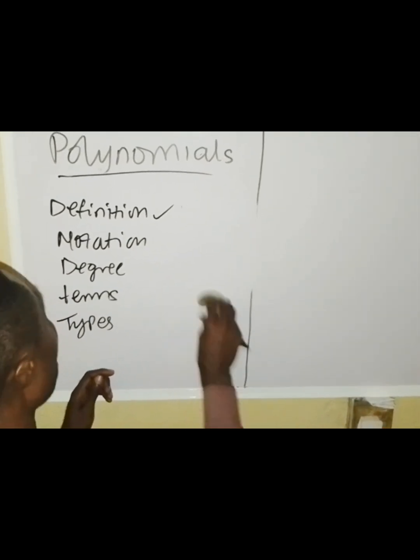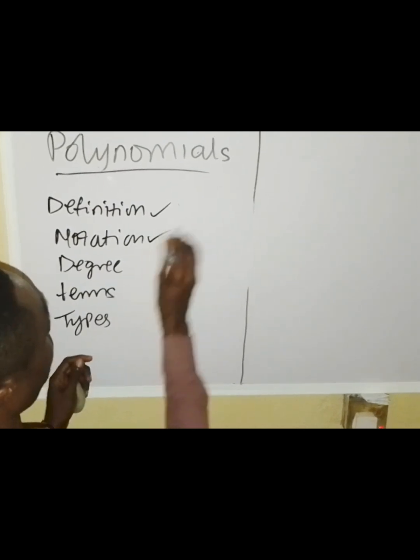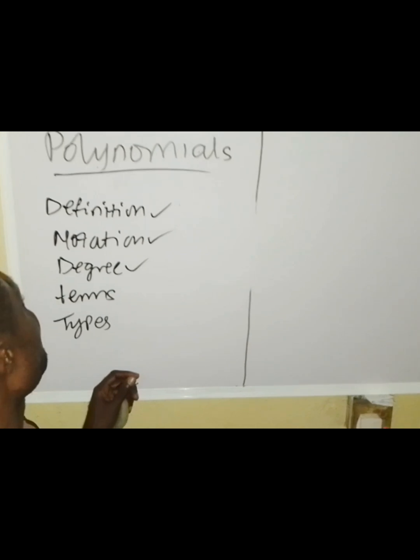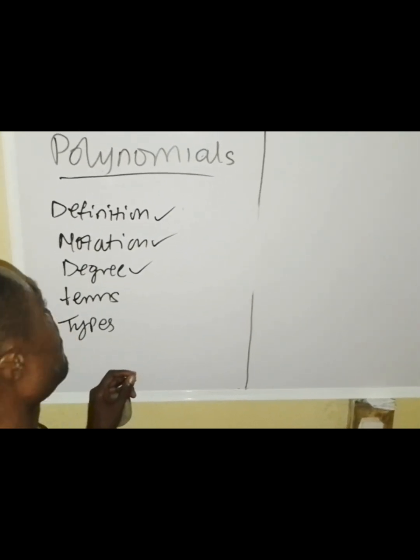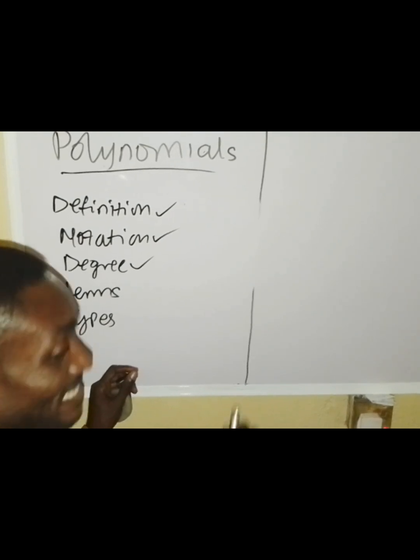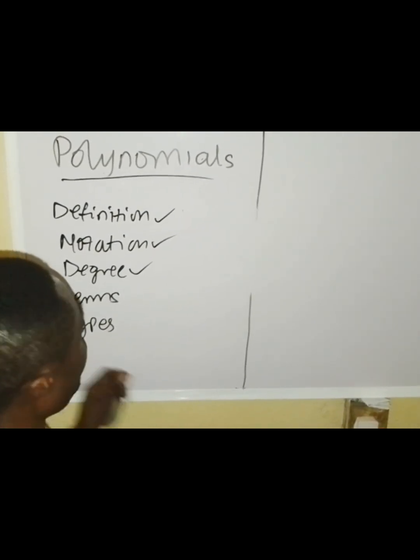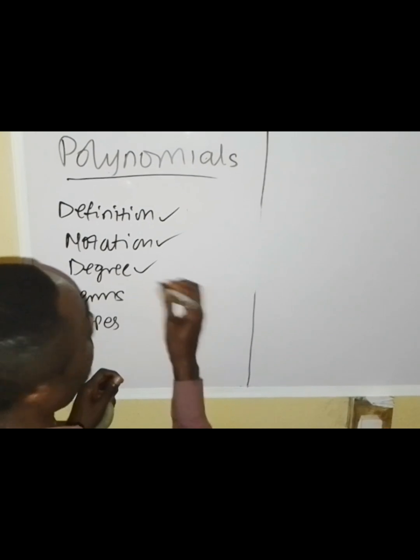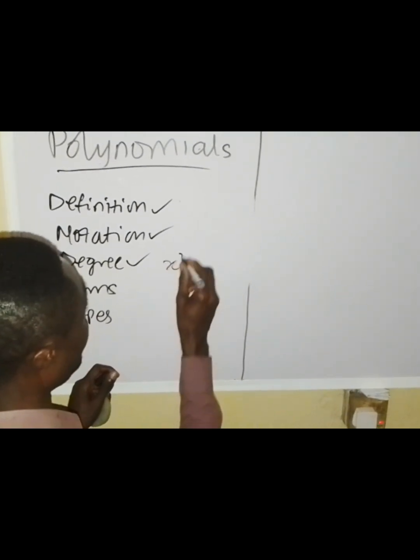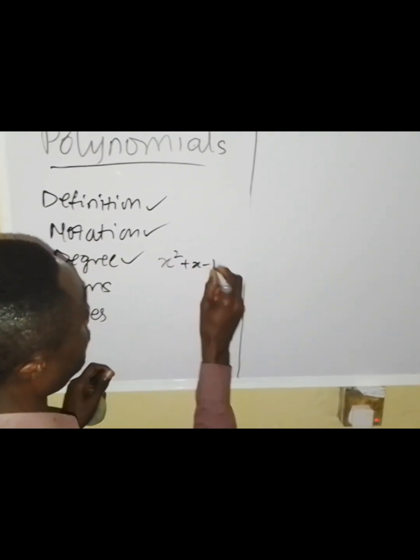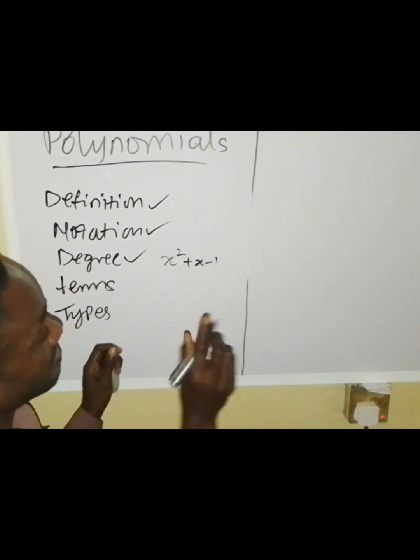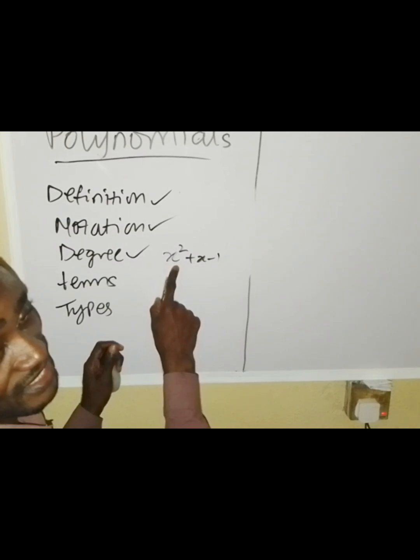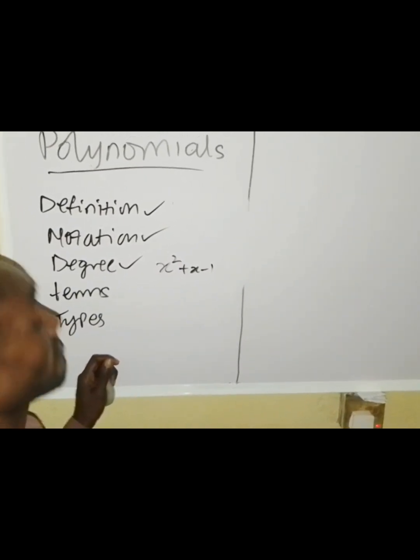Now, when you talk about degree, degree has to do with the highest exponent of a monomial term within the polynomial. When you are given a polynomial expression, for instance, x squared plus x minus 1, and you are asked to find the degree, the degree simply means the highest exponent of the polynomial function.